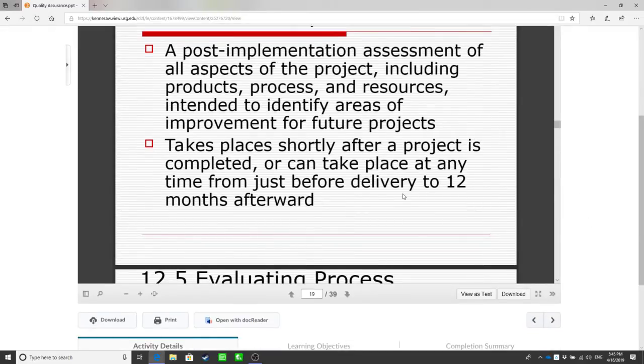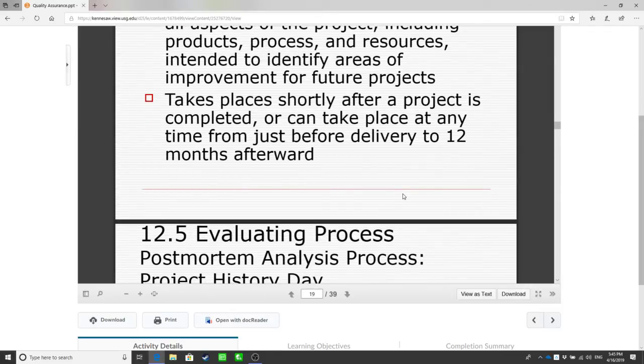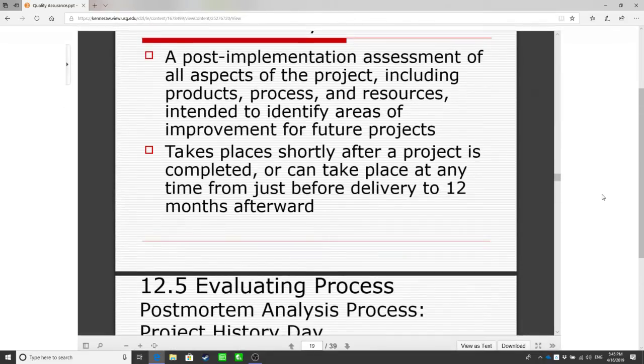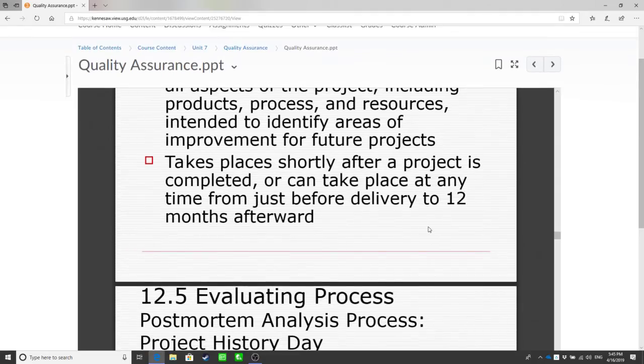It takes place shortly after project completion, or it can take place at any time from just before the delivery to usually 12 months afterward. This definition is trying to make it flexible, because sometimes they don't do the 12-month measurement in this process.